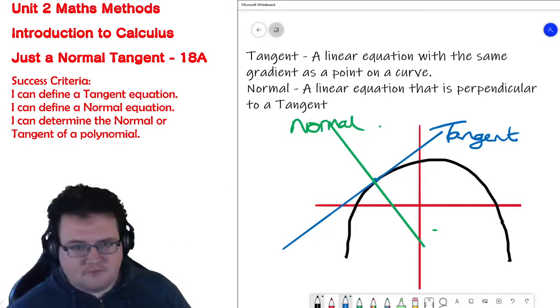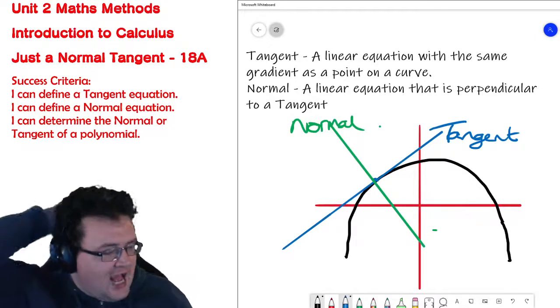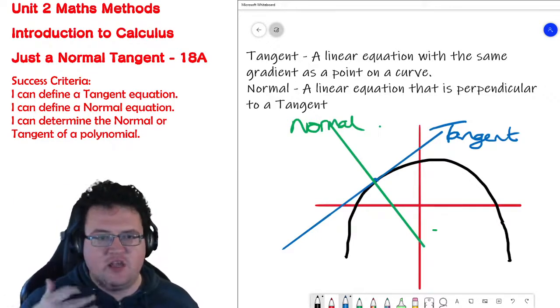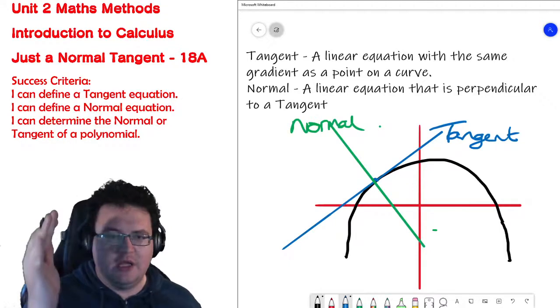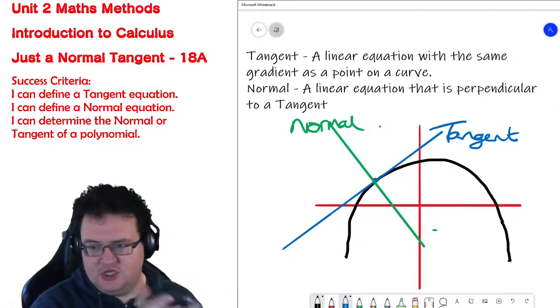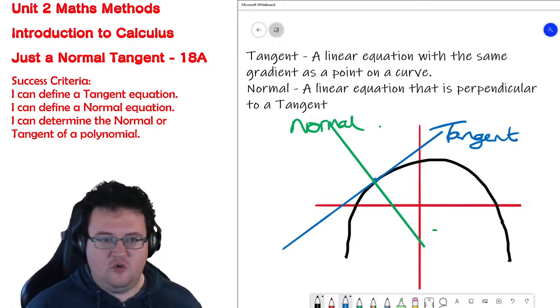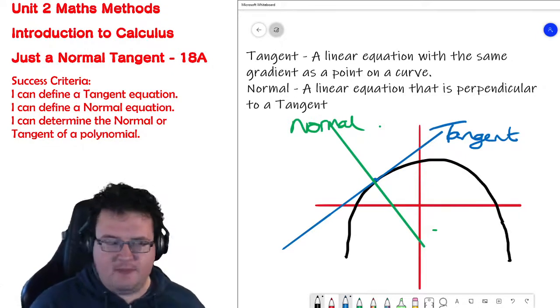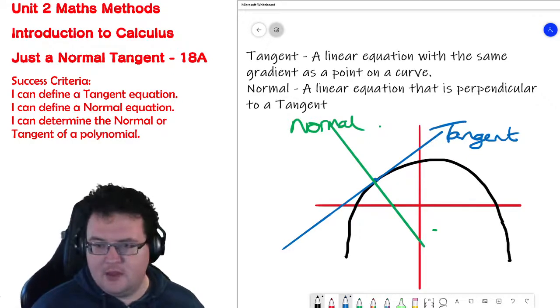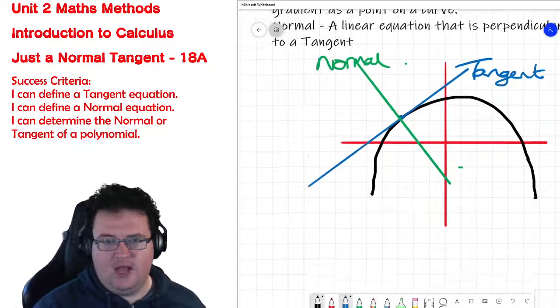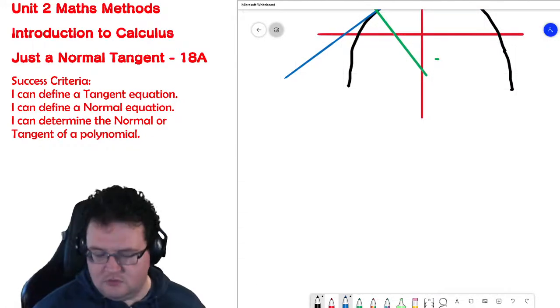All right. So what you're going to be asked sometimes is to find the equation of the tangent given a particular equation. And to do that, you need to find dy/dx to get the gradient at a particular point. And then you need to be able to use your linear equation formula, which, by the way, hopefully you guys remember.